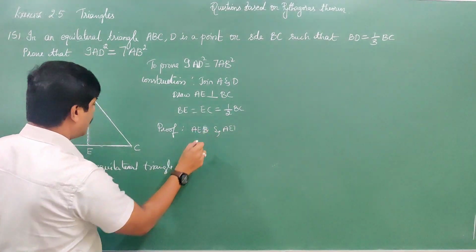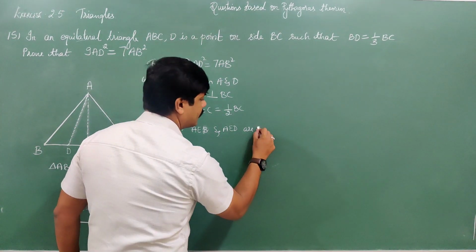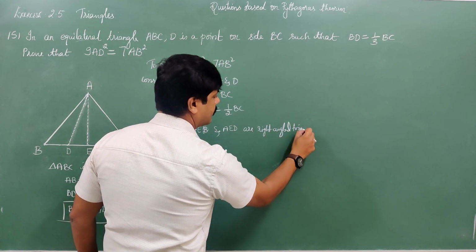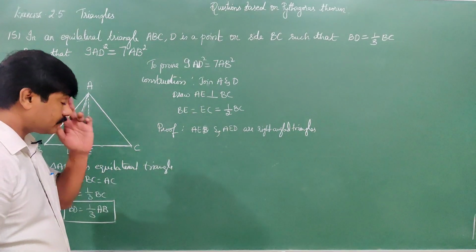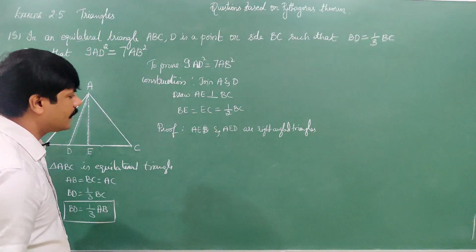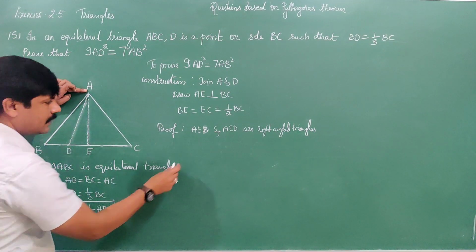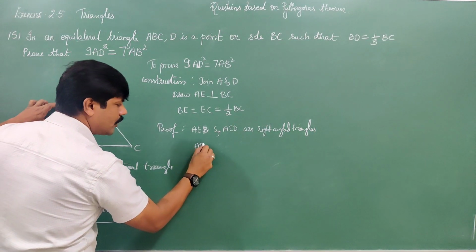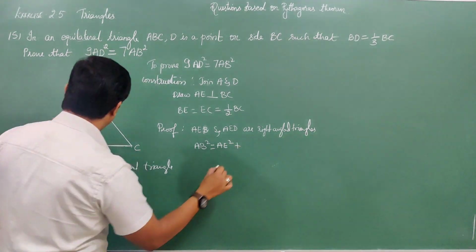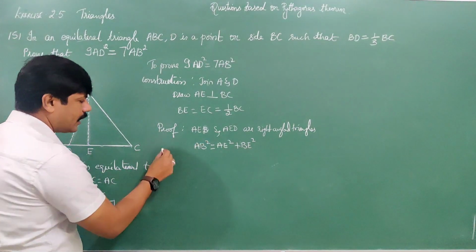AEB and AED are right angle triangles. Okay, if they are right angle triangles, then you can easily apply what? Pythagoras theorem. Thus in AEB it becomes hypotenuse square, AB square is equal to AE square plus BE square, from triangle AEB.